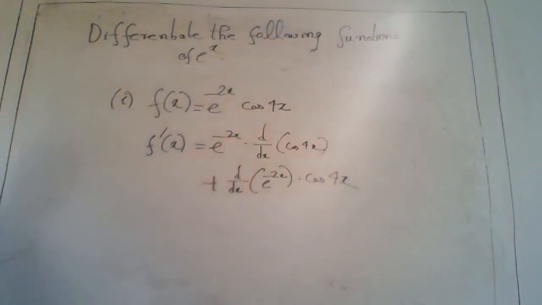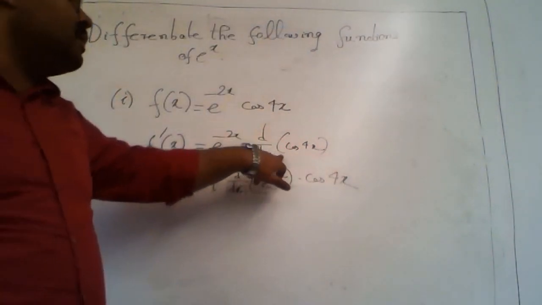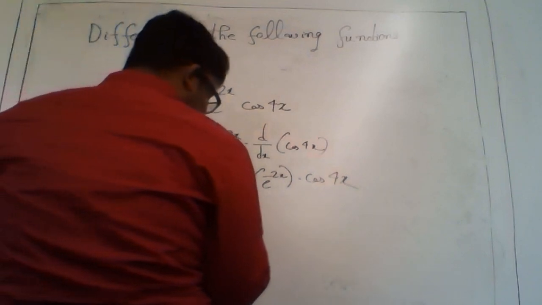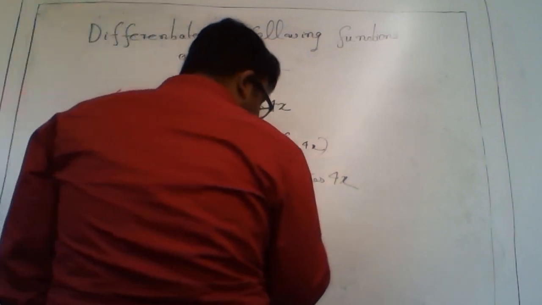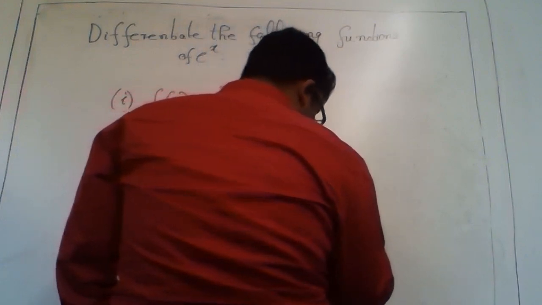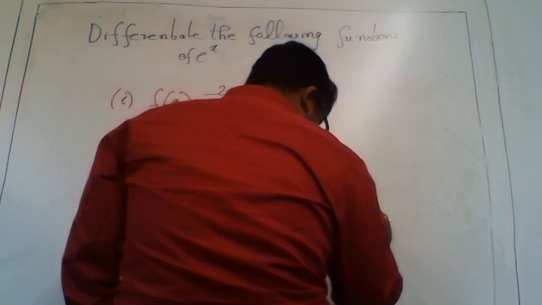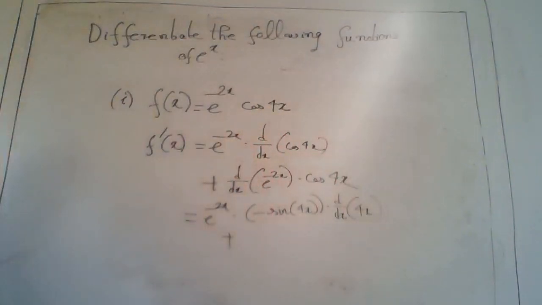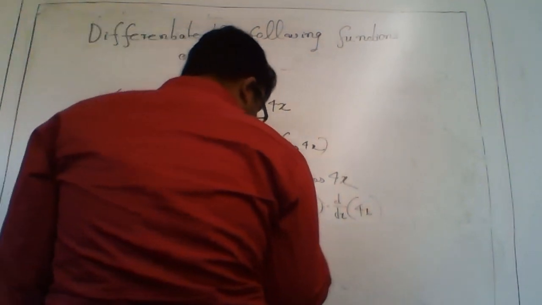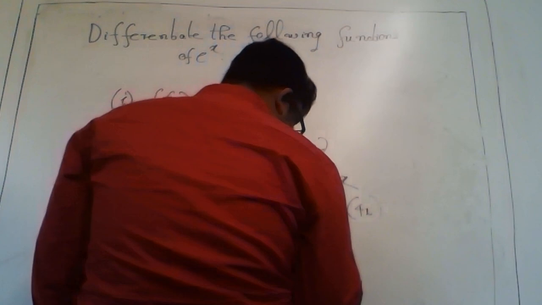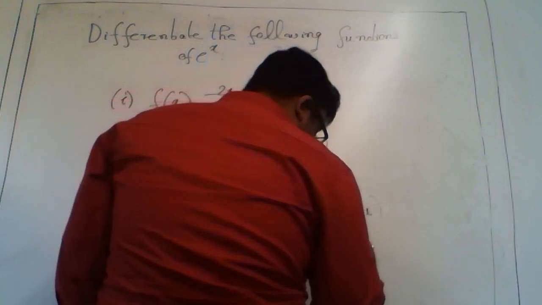So d/dx of cosine 4x, by chain rule, it will be e to the power minus 2x times minus sine 4x times d/dx of 4x, plus d/dx of e to the power minus 2x. So it will be e to the power minus 2x times d/dx of minus 2x times cosine 4x.